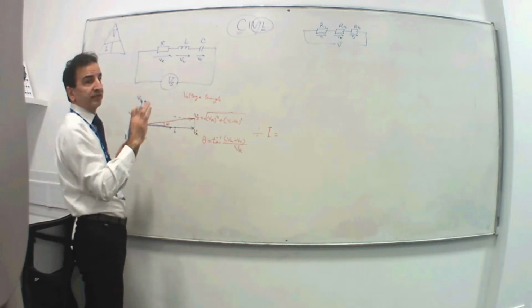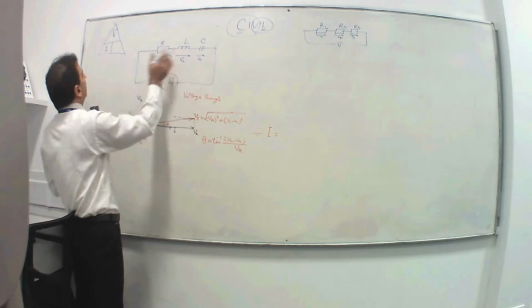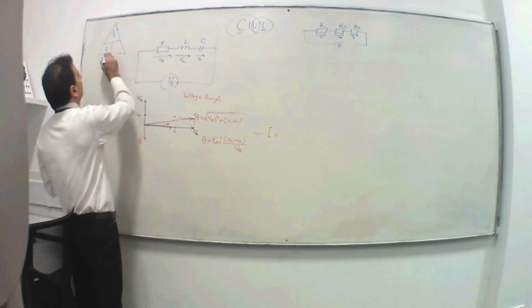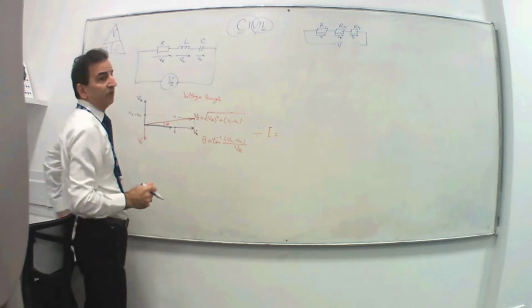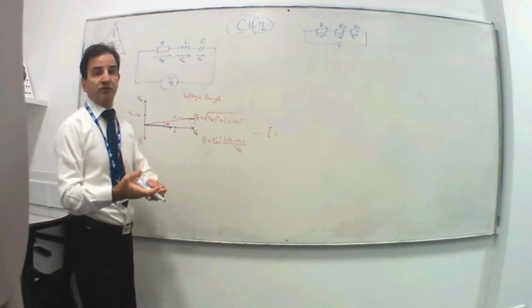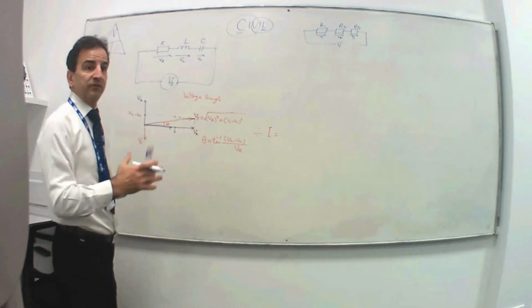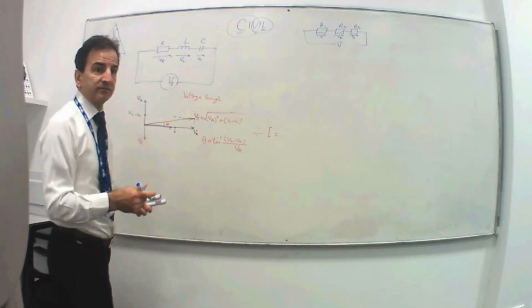If you only got XL. And if you only got XC, it would be XC. But if it's all together like this, V over I would be Z, because we're not dealing with just resistors or inductors or capacitors. We're dealing with all three of them, and that's called impedance.